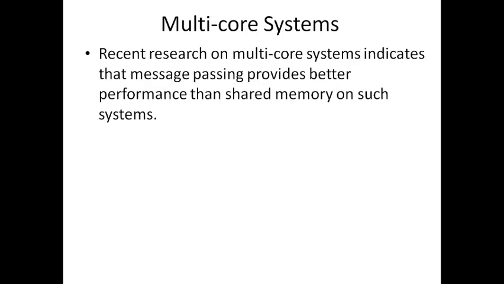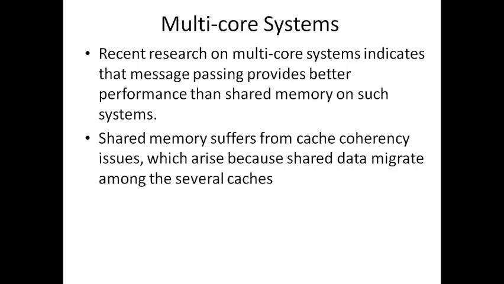situation. So recent research on multi-core systems has indicated that message passing is providing better performance than shared memory on such systems. Shared memory also suffers from cache coherency. That is another issue, because when each CPU has its own cache memory, cache coherency becomes an issue.